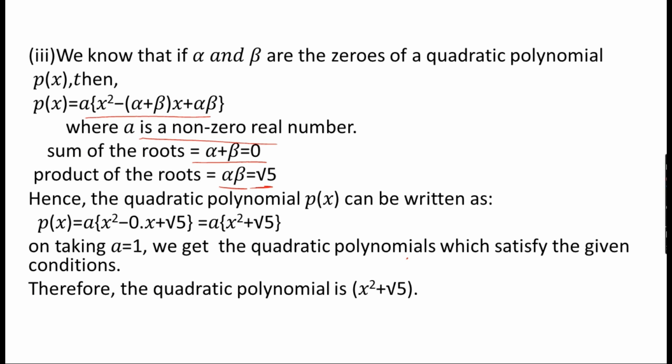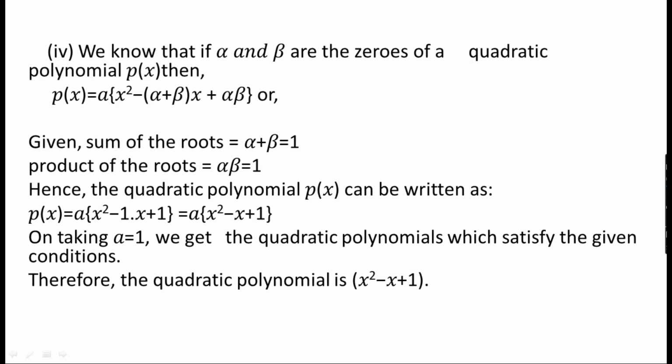On putting the value of alpha plus beta as 0 and the value of alpha beta in the given polynomial, we get 0 and root 5 as the constant term. We get x square plus root 5 a. On taking a equal to 1, we get the polynomial as x square plus root 5.